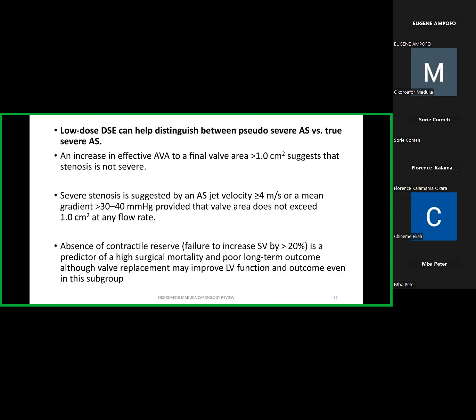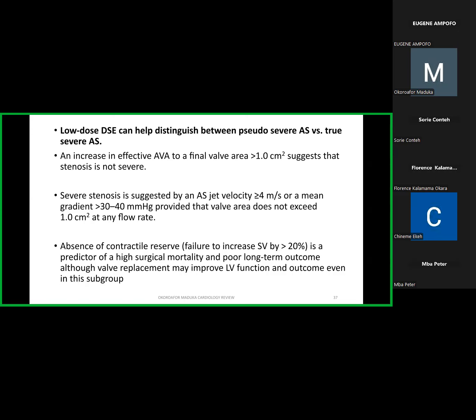So when you look at a patient with low flow, low gradient in the setting of severe aortic stenosis, especially when they are symptomatic, it's good to determine whether the patient has true aortic stenosis or a false, pseudo-severe aortic stenosis.